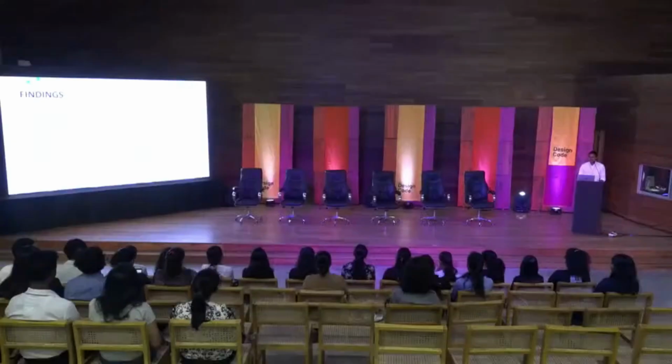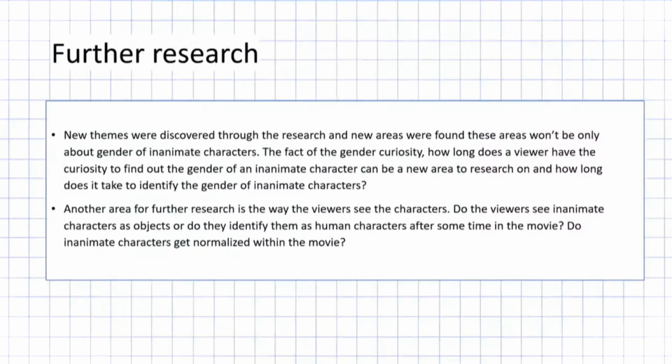So these are some of my findings, and later on, for the further research, I was curious at what point the user identifies the gender of the character, and how long the user is curious about the character's gender.